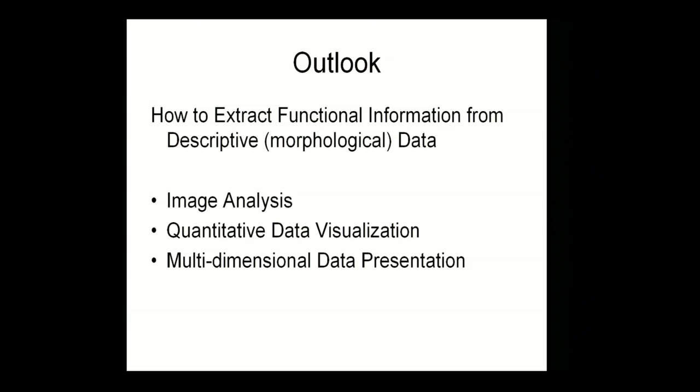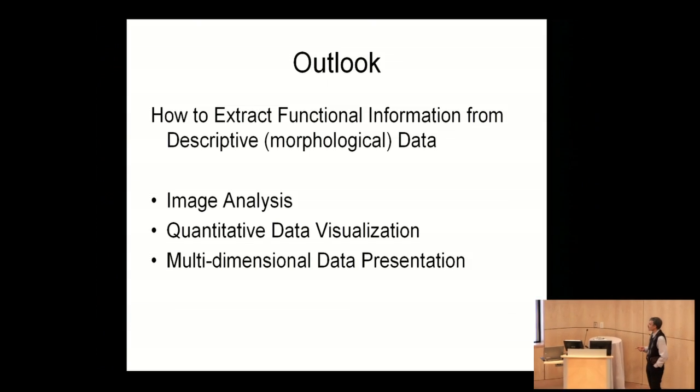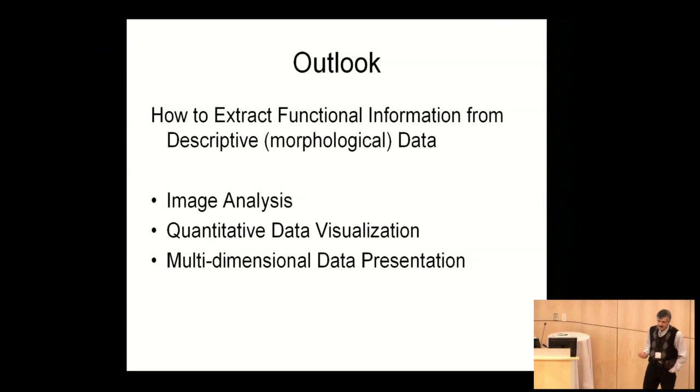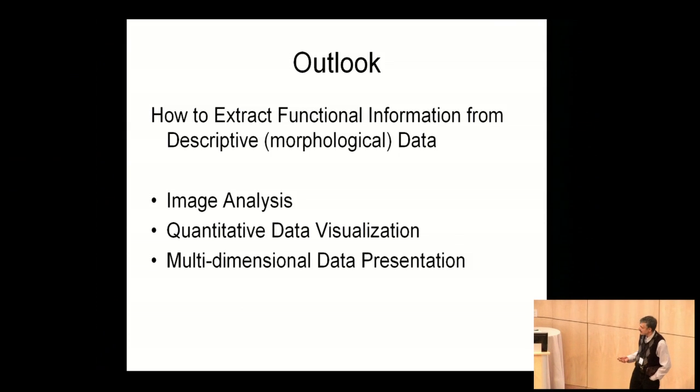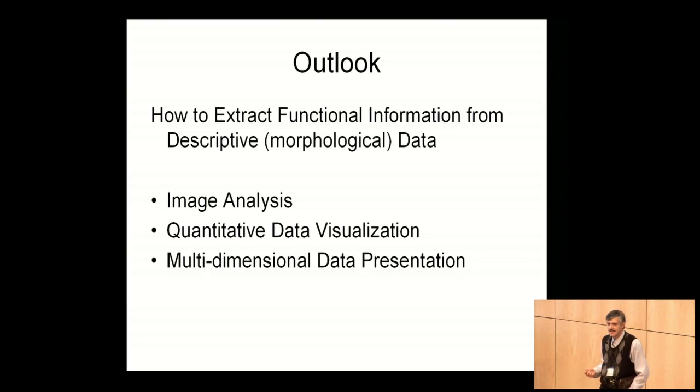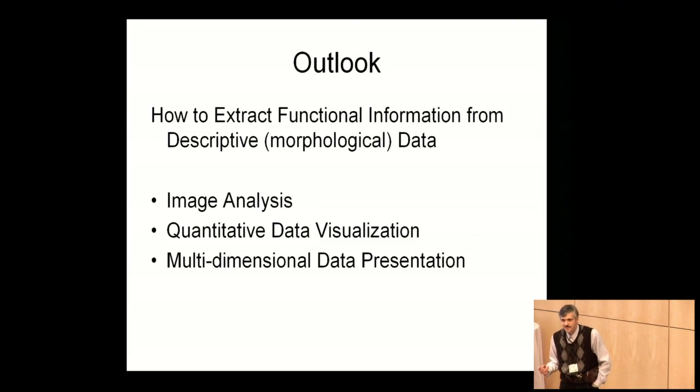So what is our main goal? Our main goal is to extract functional information from the data which originally are descriptive, which are imaging, and then present it back to the people to inspire ideas and to understand what is going on here. So it means we take something which in imaging, in microscopy, is originally visual.